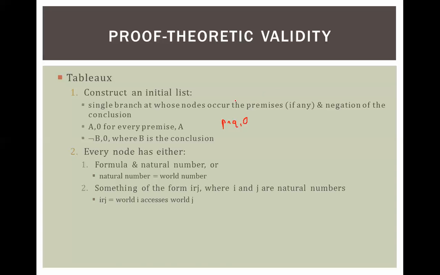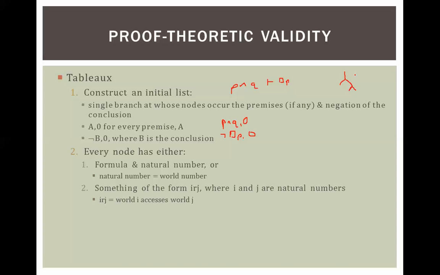So for example, let's say we were working with P and Q. Does that entail necessarily P? Something like that. And you'd write P and Q comma 0. Necessarily P is the conclusion, so you write not necessarily P comma 0.